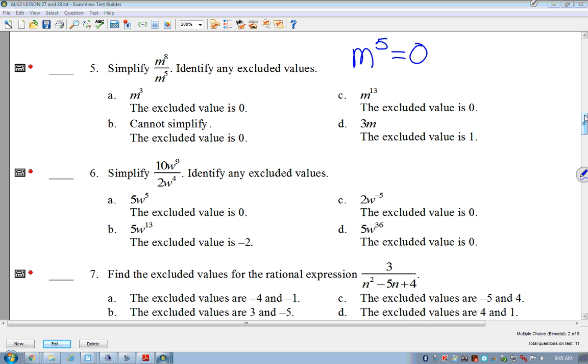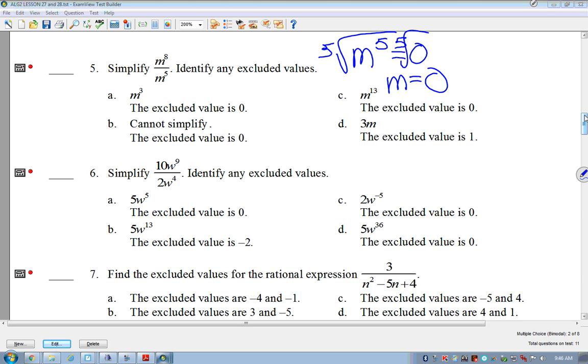So how do I get just m? What's the opposite of an exponent? Not square root; that would be the opposite of m squared. A fifth root would be the fifth root of m. What's the fifth root of 0? 0. So 0 is an excluded value.